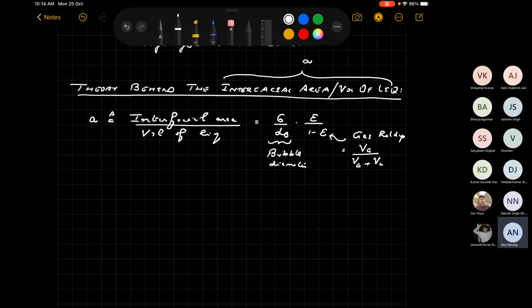But let's just make the simple assumption that all bubbles have the same diameter, dB, and the gas holdup, which will be defined as the volume of gas divided by the total volume, that is, what fraction of the total volume is occupied by the gas. This is a quantity known as gas holdup.